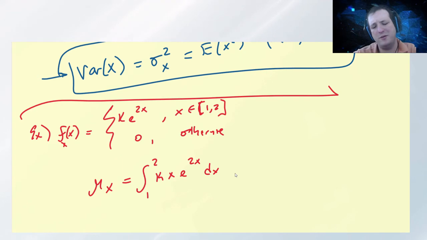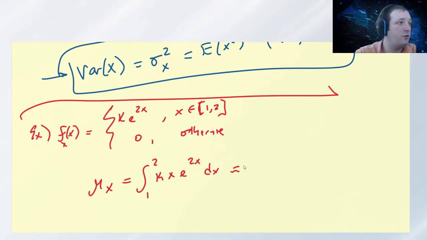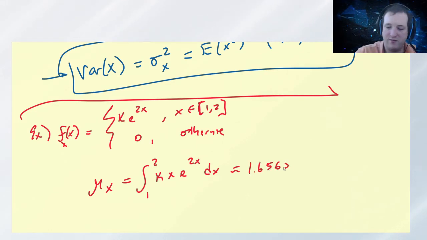So you could probably do some integration by parts there if you want to do that by hand. But once you actually go through that process, you're going to get that it's approximately equal to 1.6565.